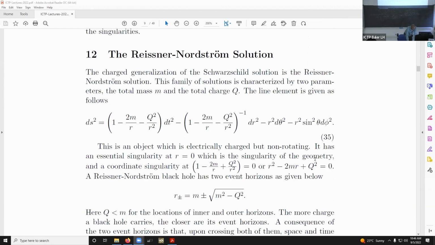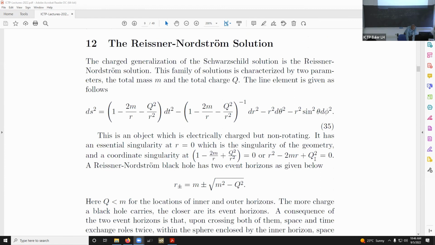Okay, then I will go on to the next basic equation with the basic solution, which is actually a generalization of this solution. Immediately after this first solution by Karl Schwarzschild, people started working on the charge generalization within a couple of years.